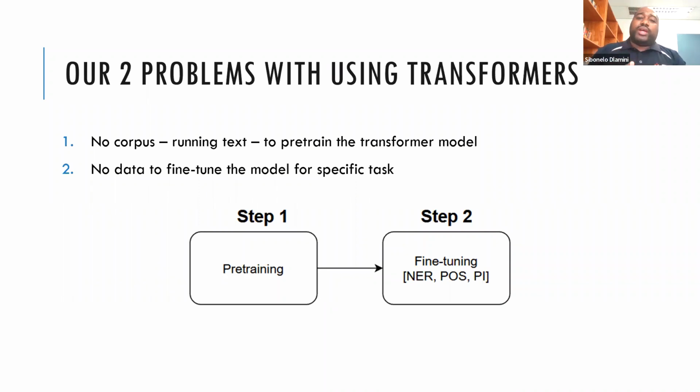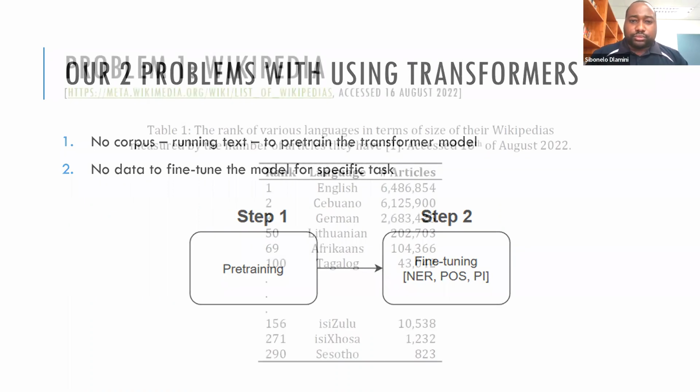This is important because when we talk about low resource, usually we just say low resource language, but what do we mean? It's actually two problems within that specific phrase. It's the lack of a corpus for pre-training the transformer model, and then it's also the lack of a data set in that specific language that you're working in.